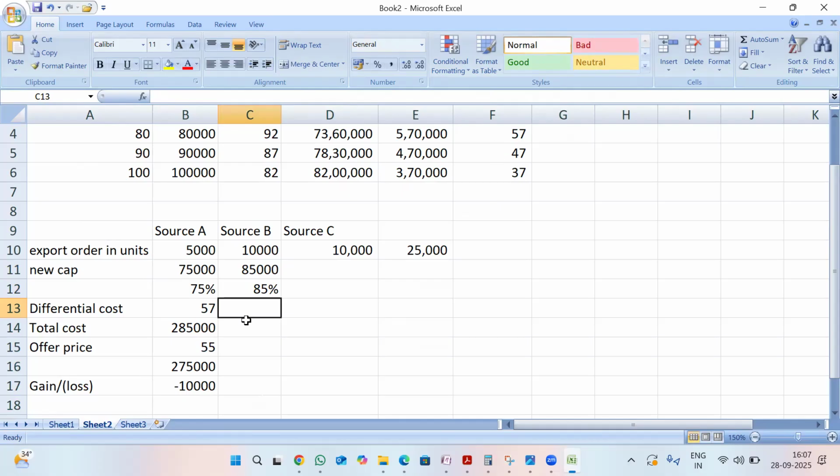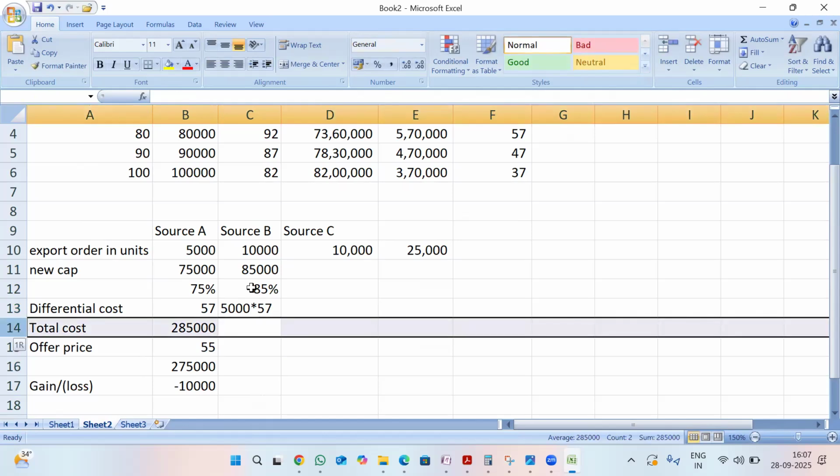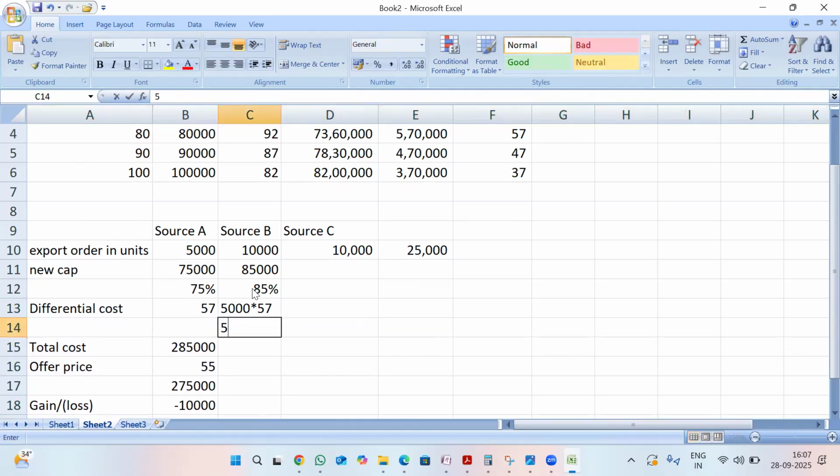One is for 5,000 units, up to 80%, and another one is for the next 5,000. Here I have to bifurcate: 5,000 units at the rate of 57 rupees and another 5,000 units at the rate of 47.